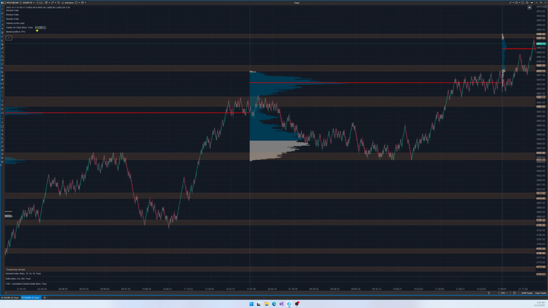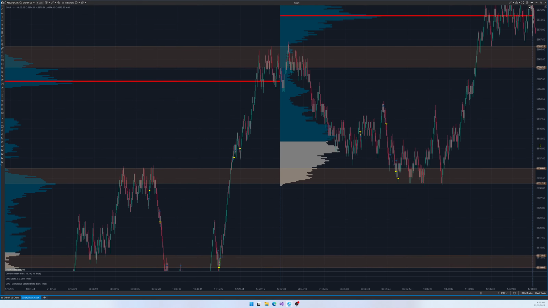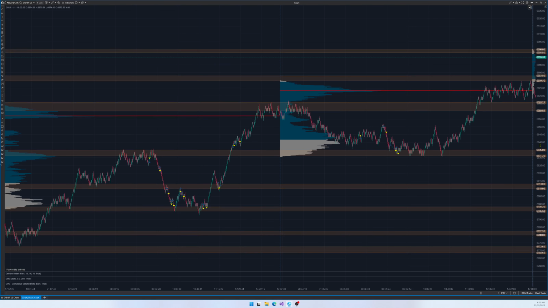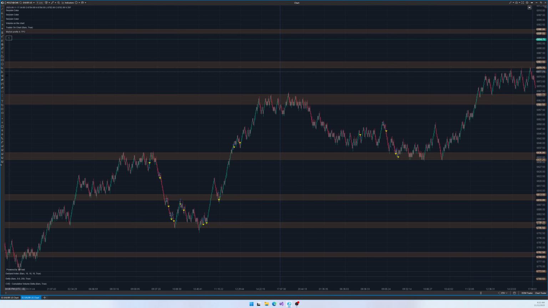So let's take the trades on the chart. I had one trade which was pretty much inside. Let's get rid of this one here and make sense of that one. The overall trend of the day was long.